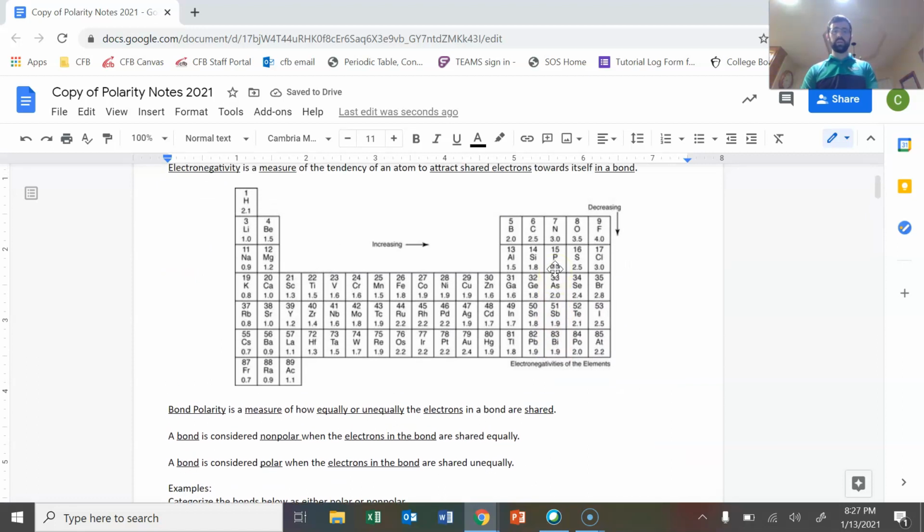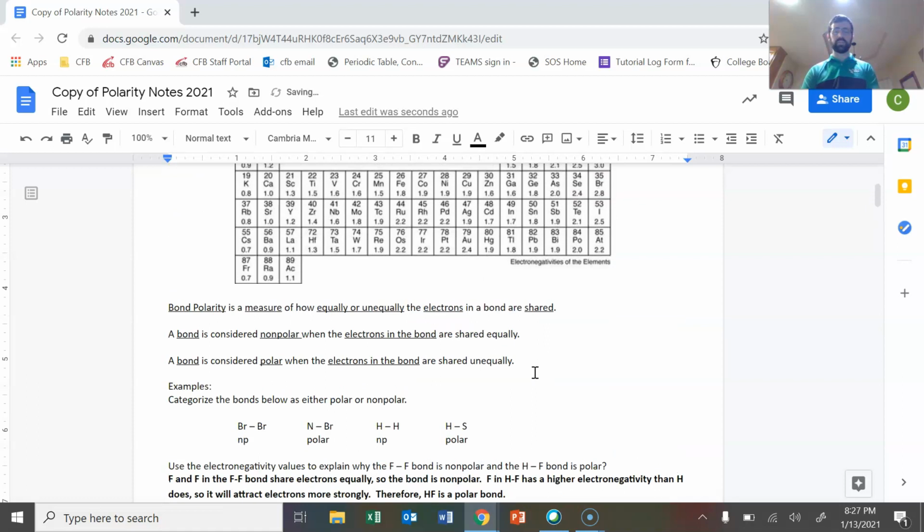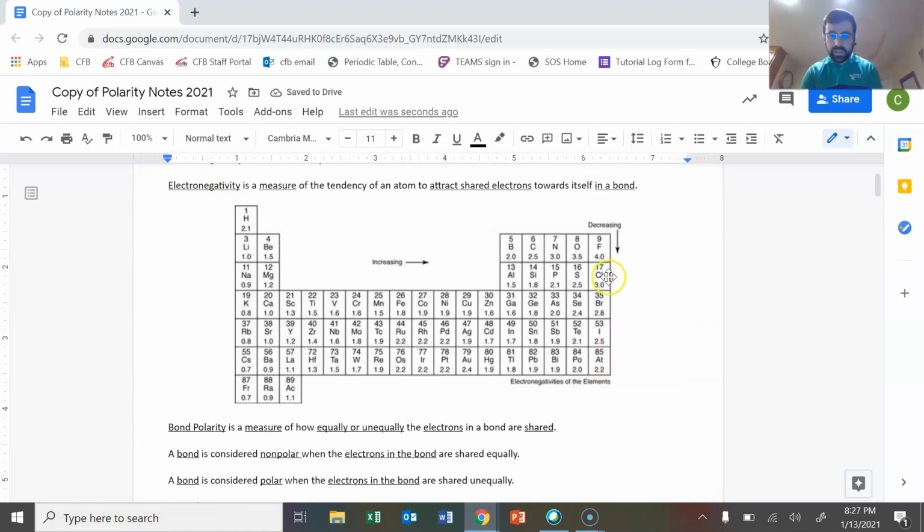Silicon and bromine. Silicon is, let's see, right here, and bromine is right there. 1.8, 2.8. Bromine is more electronegative. So silicon is going to be the partial positive, and bromine is going to be the partial negative. I'm just going to copy that because it's exactly the same. And then finally, chlorine and arsenic, Cl and As. Cl is here.